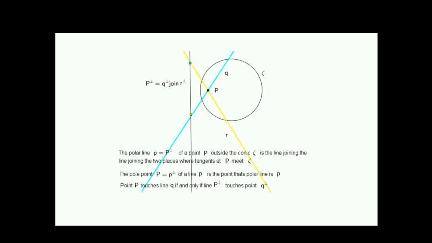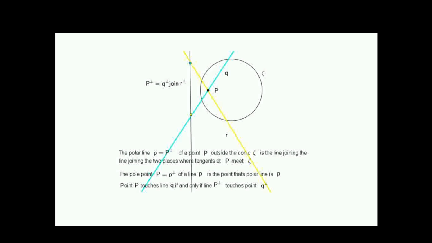So in fact, if you're already given the circle or the conic, you can calculate poles and polars completely using straight edge constructions. That means they purely belong to projective geometry, the geometry of only the straight edge, as opposed to Euclidean geometry, which also requires a compass. So projective geometry is kind of more basic, and so are these constructions.